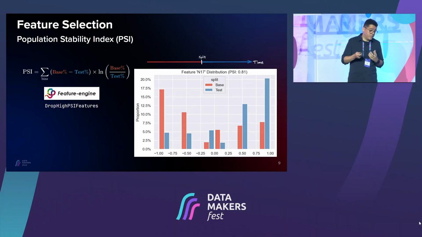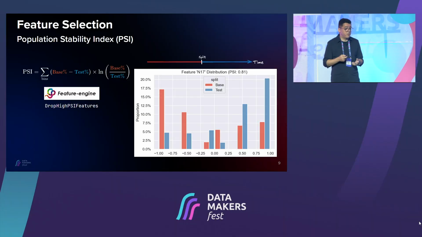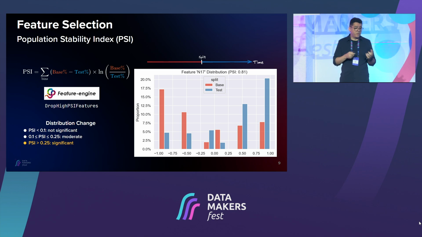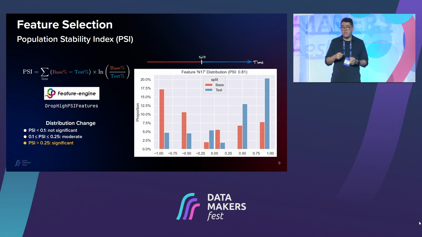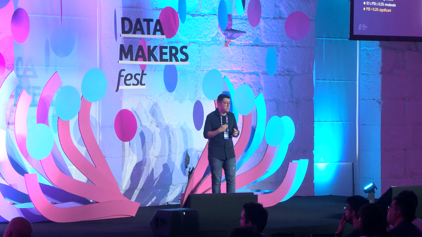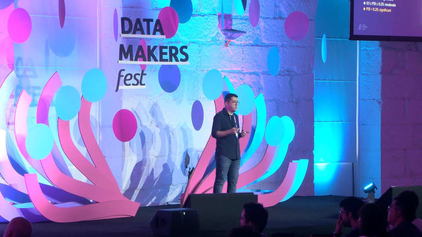And how can we know if this 0.81 is high or not for this particular feature? Well, there are some rules of thumb. So for PSI, we typically use a threshold of 0.25, meaning that if your feature has a PSI larger than 0.25, it's safe to assume that it drifts, so you can discard that feature.